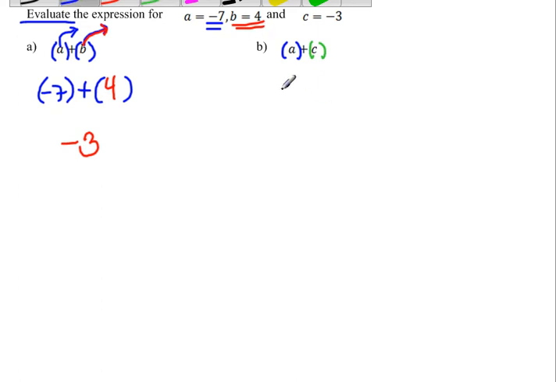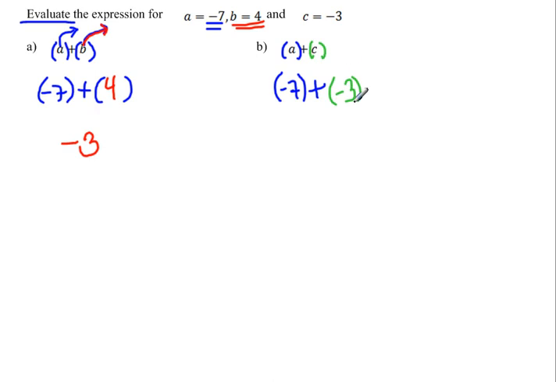And so we're going to put in the first set of parentheses. We're going to replace the a with the -7, and then we're going to do plus. And then instead of writing the c, we're going to put in the value for c, which they gave us as being -3. Now here it shows a little bit better why these parentheses are important.